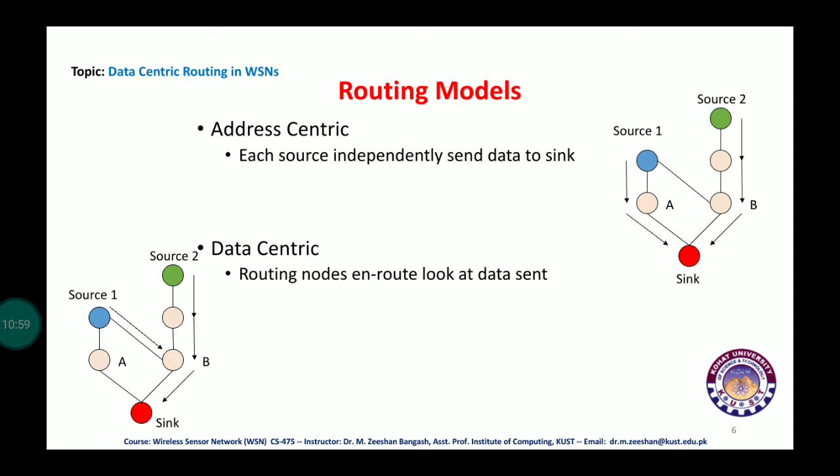Similarly, when source 2 wants to send data, it sends that data to the routing node, which is B, and then B looks at the different paths and sends that data to the sink. So this is the difference between the two routing models.